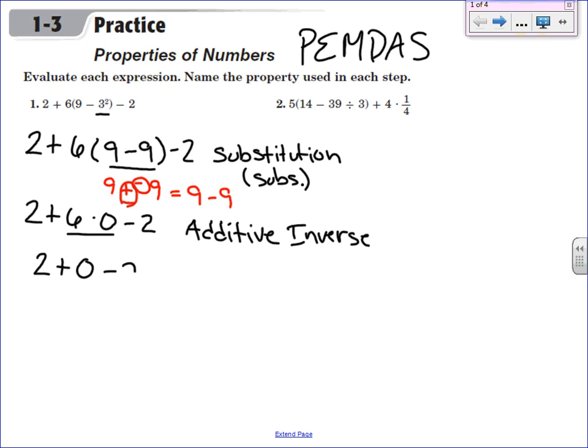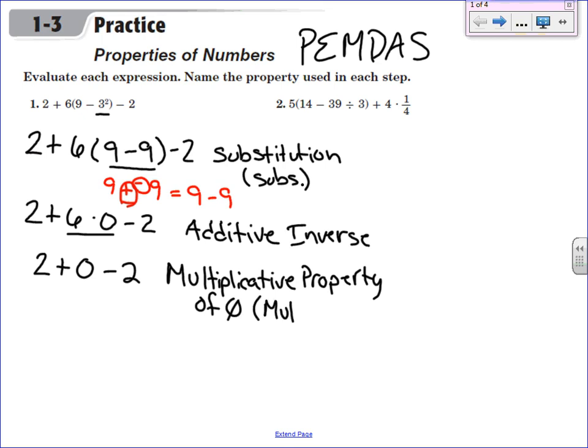And the property that tells us that anything times 0 is 0 is the multiplicative property of 0, which I will write as mult prop 0 from now on.